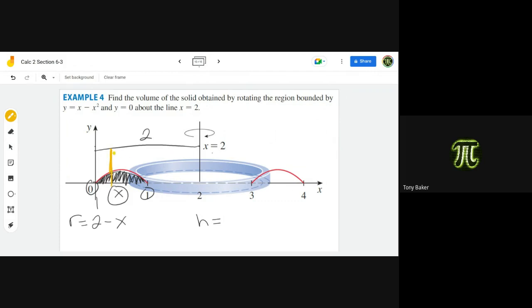The radius is from 2 to, say, a half, because that's where I am in the x. Not 1, it's anywhere in between. So my x can be anywhere between 0 and 1. My radius is going to be 2 minus whatever that happens to be. That's why it's 2 minus x. That blue drawing is just one cylinder. That's an example of what the cylinder is. It's not the whole shape.